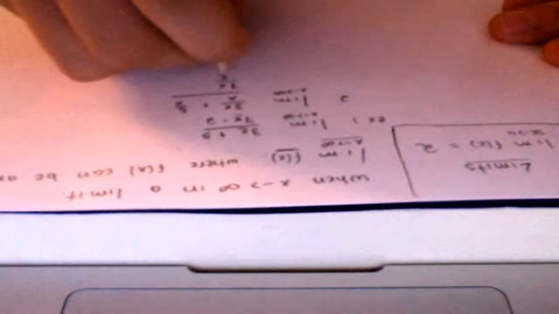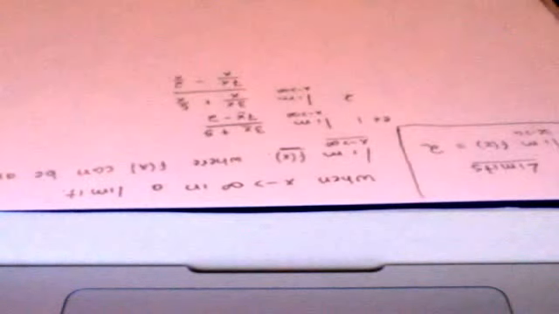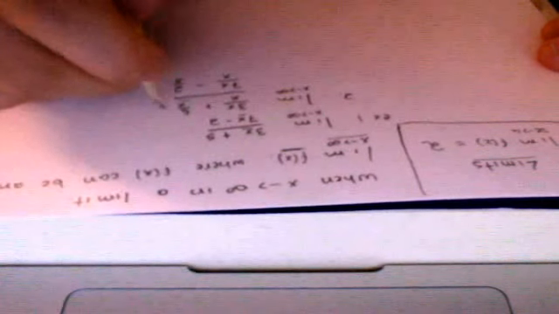So 7x over x minus 2 over x. If you do it like this, since 5 over x and 2 over x cannot be simplified, relatively they will be 0.